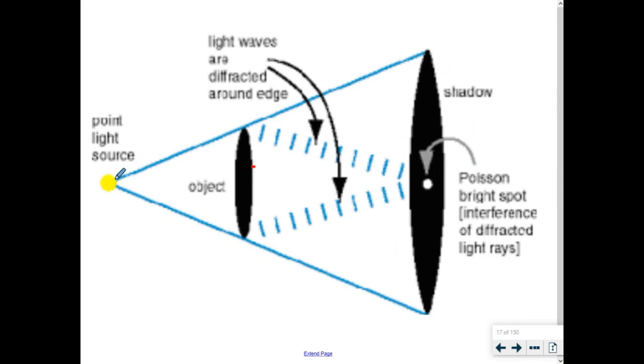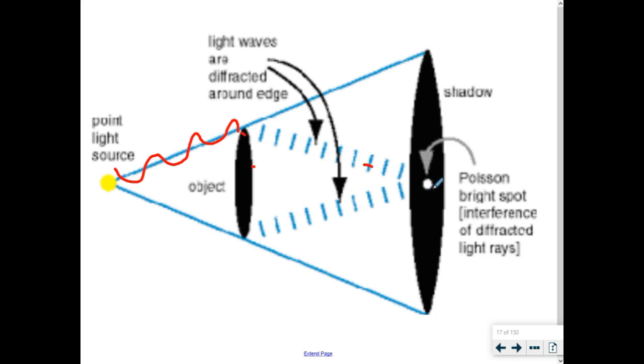What ends up happening is when light goes past this object, remember how I showed you diffraction? Diffraction will eventually cause a wave to bend its way around. And if it can bend its way around on both sides, both sets of light will actually recombine. And this makes no sense whatsoever unless light is a wave.